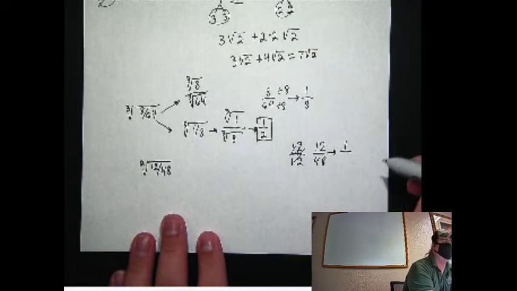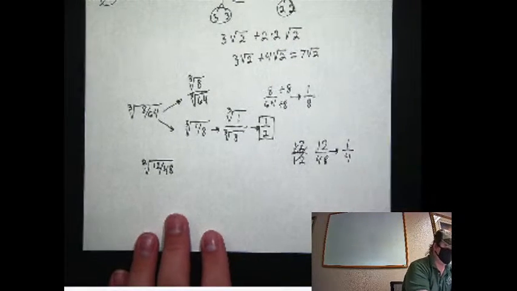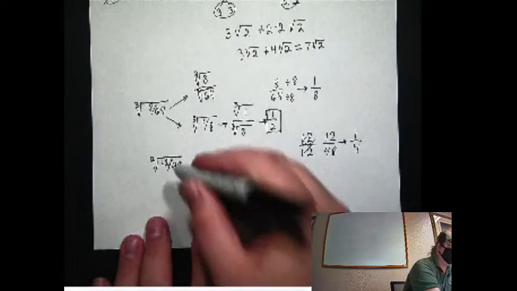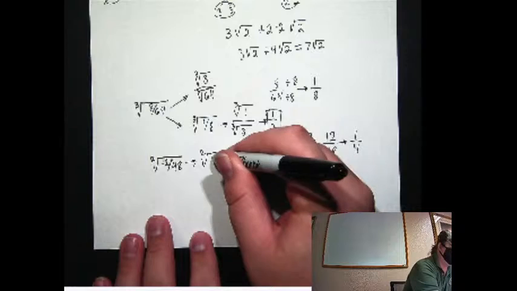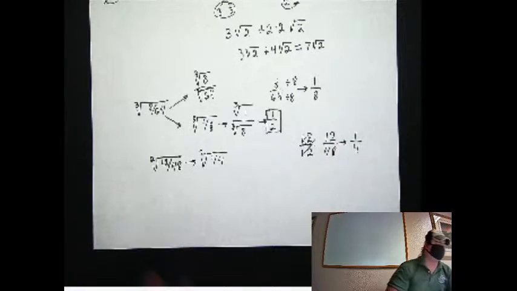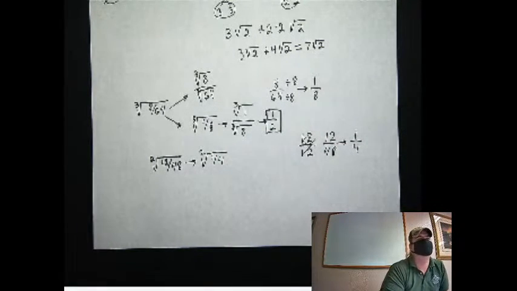Good. And what about the bottom? Okay, so 1/4. So this is now the square root of 1/4. And I don't believe we can simplify that any further than it already is.